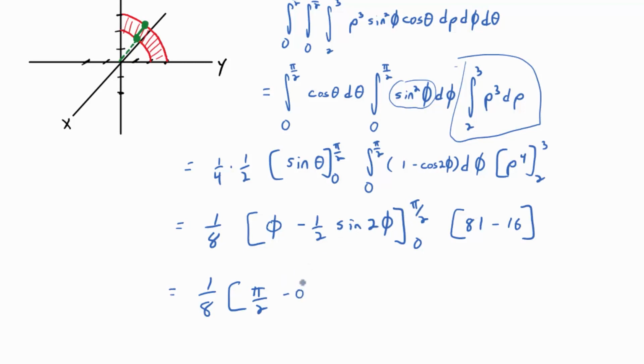So I'll put a minus 0 there as a placeholder. Minus, does everything zero out? Yes, when you plug in 0, 2 times 0 is 0, sine of 0 is 0. What's 81 minus 16? 65. It's not too bad. So what do we get? 65 pi over 16. I've seen worse.